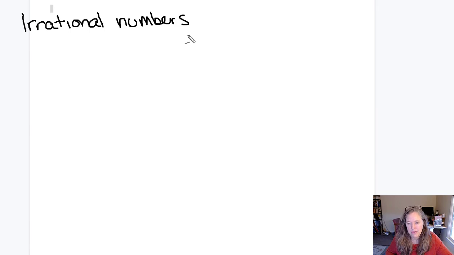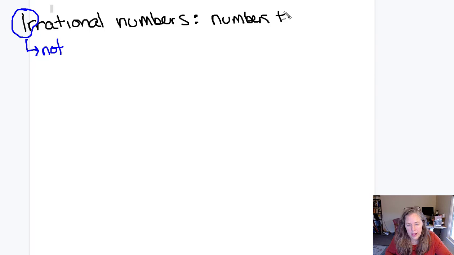I think the prefix IR means not. Hold on, I'm going to pause and research that. Okay, yes, I was correct about that. So the prefix IR means not. So irrational numbers are numbers that are not rational.